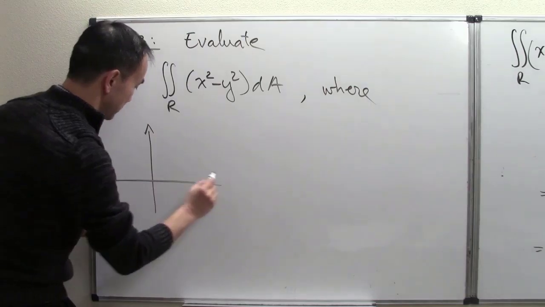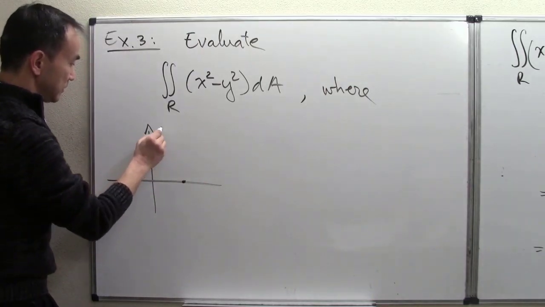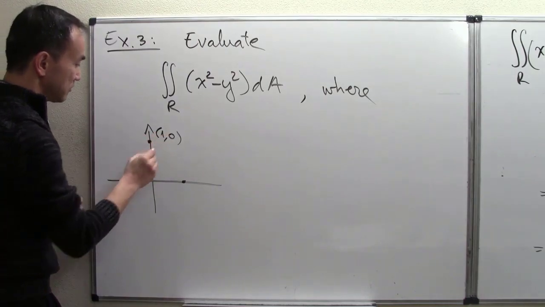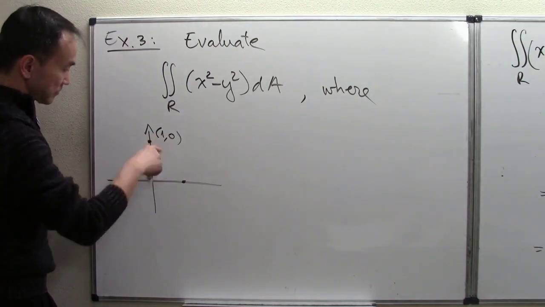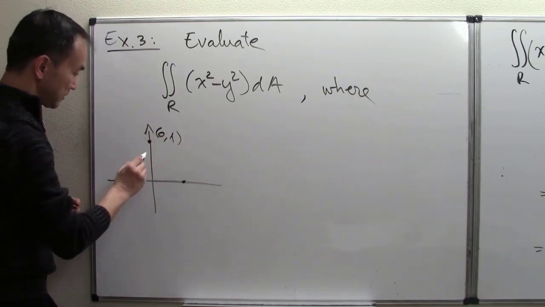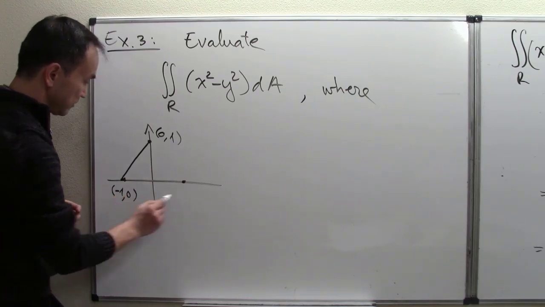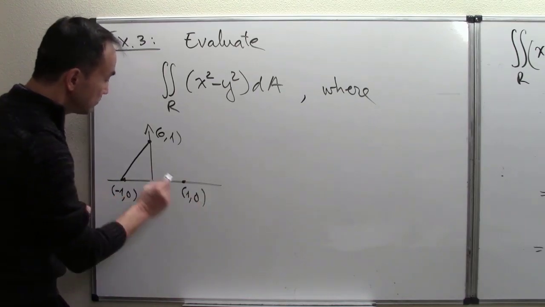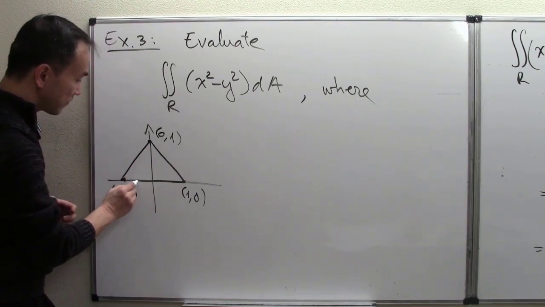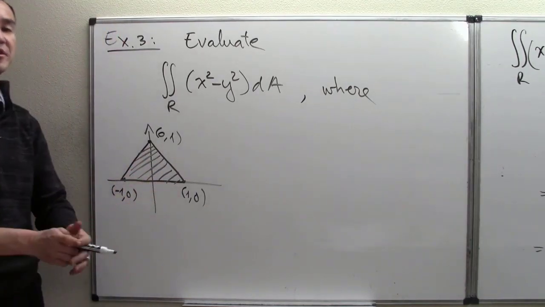It's a triangle as follows. This is 0, 1. Now negative 1, 0, and this is 1, 0. So the region is right in here. That's the region that we're integrating.